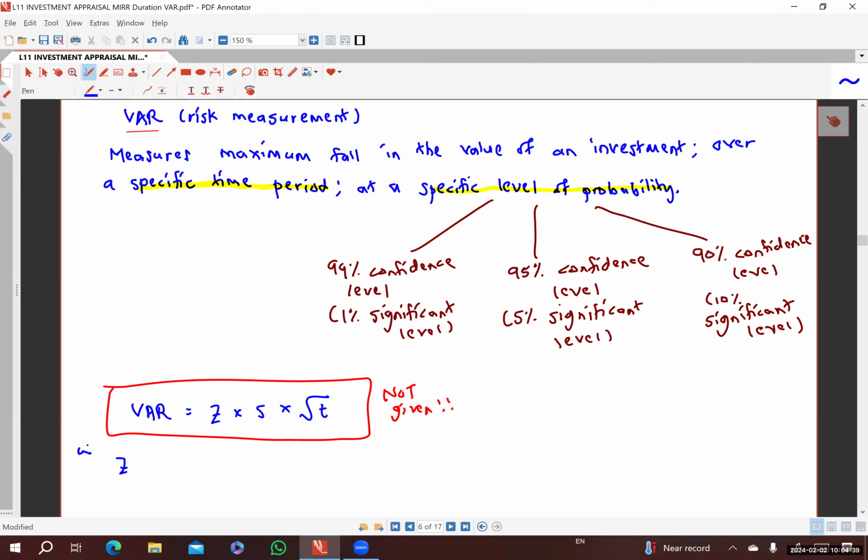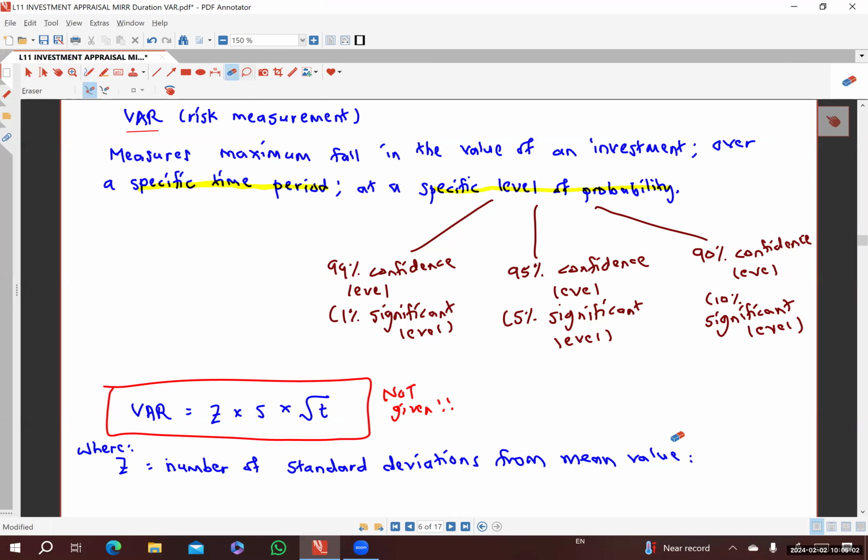Z score is the number of standard deviations from the mean value, from the center value. That's called the z-score.